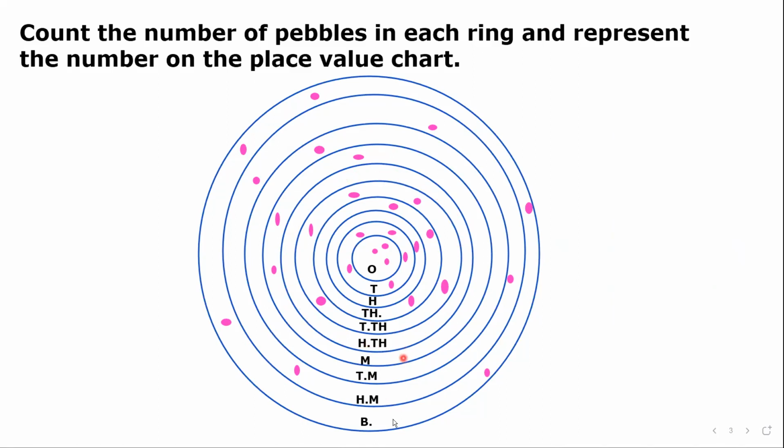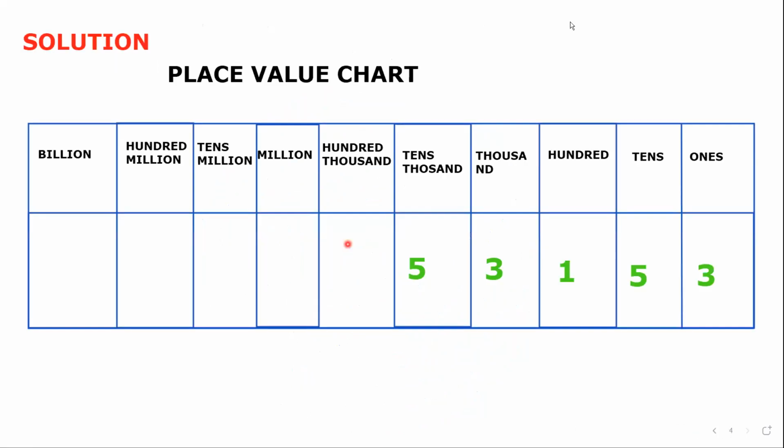Now the hundreds of thousands is empty, so you can't leave it. Empty means what? Circle, okay? That is nothing. So you put 0 to represent empty, because we have a number that represents empty.